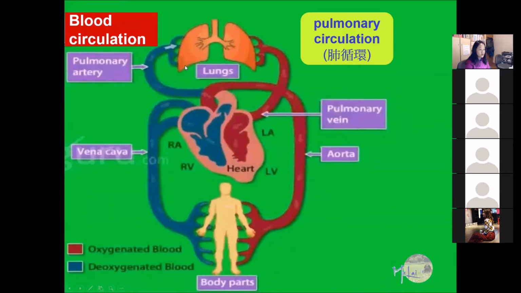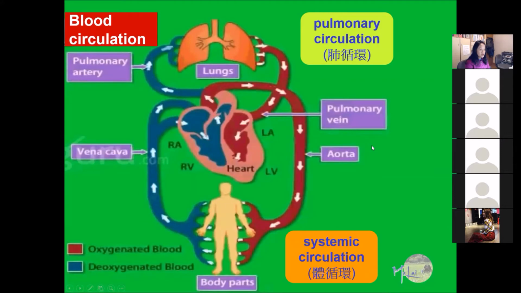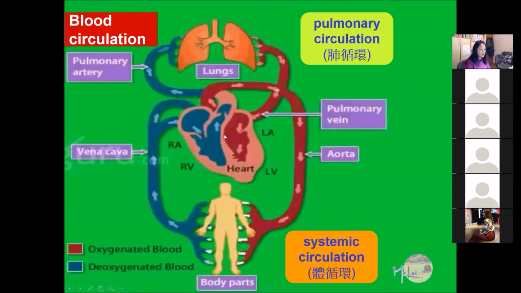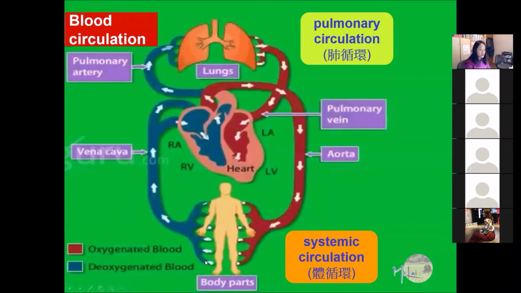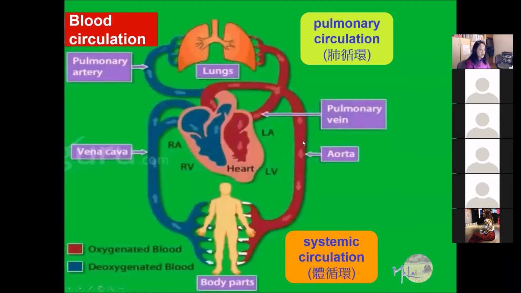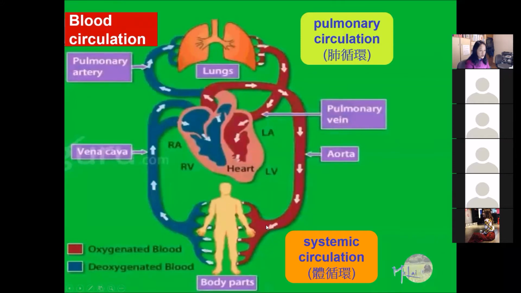So the pulmonary circulation is here. The other one is the systemic circulation. Blood is pumped out from the aorta to the whole body and then back to the heart, carrying all the waste back to the heart. And the aorta carries all the glucose, the nutrients, and also oxygen to the body cells.